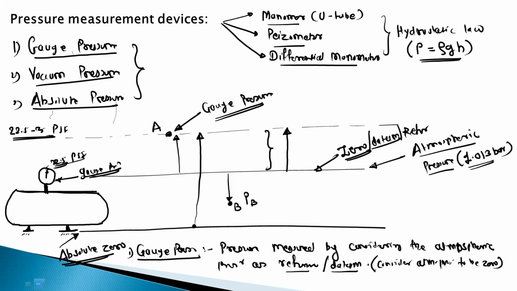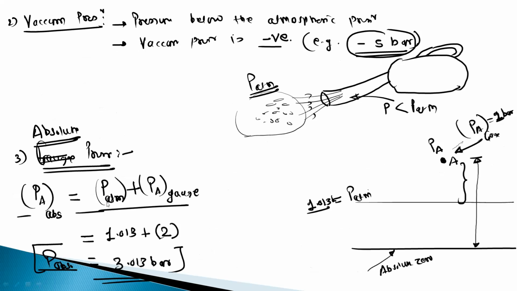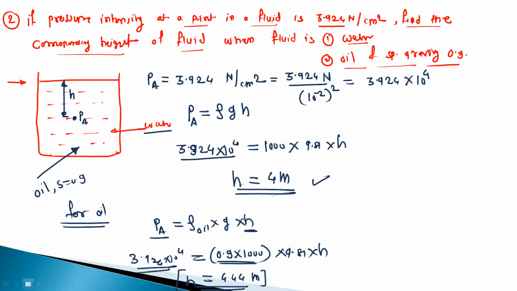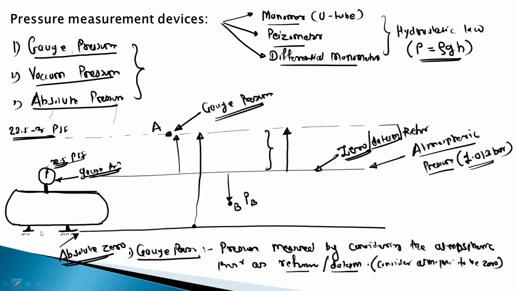Okay. And the formula is atmospheric pressure plus gauge pressure. Okay, so these are the three types of pressure that we generally measure: gauge pressure, vacuum pressure, and absolute pressure.